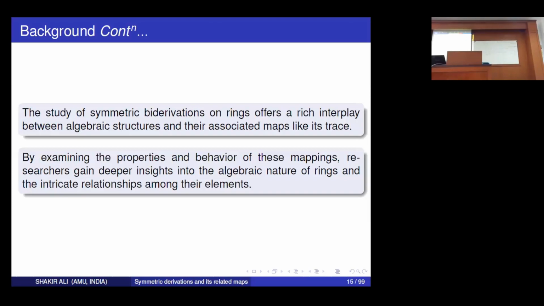So the study of symmetric bi-derivations on rings involves general structures and additive maps. Basically, we are talking about 2 types of problems. First, if we fix the structure, like R prime, then we describe the maps involved in the functional identity. Second, if we fix these maps, like the derivation on R, then we describe the structure of rings, meaning what type of ring it is, commutative or non-commutative. So when a derivation satisfies certain identities, either we classify the rings or we characterize the maps involved in the functional identity.